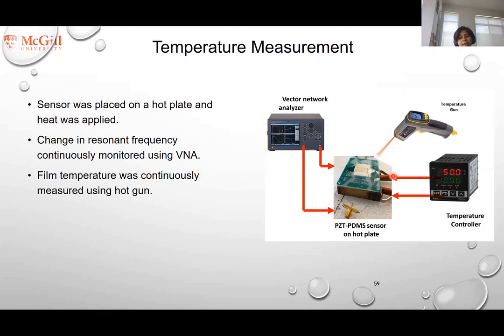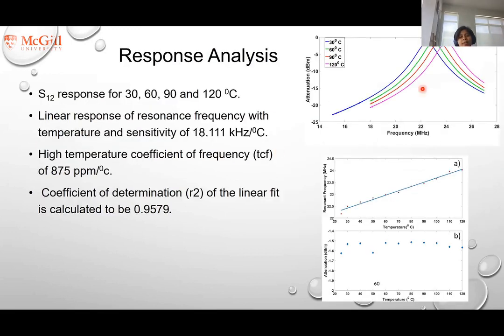We put it on a hot plate, increased the temperature, measured the temperature with a temperature gun, and measured the sensor response with a VNA. These curves show an example of the response curve for different temperatures. And as we plot the resonant frequency versus temperature over time, you can see we have a linear response.